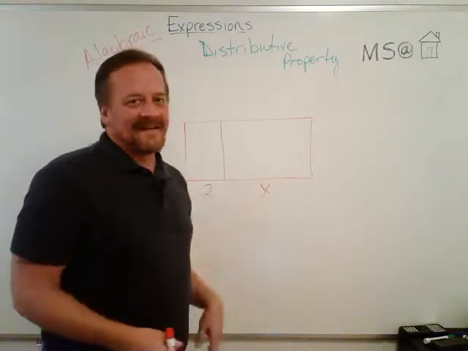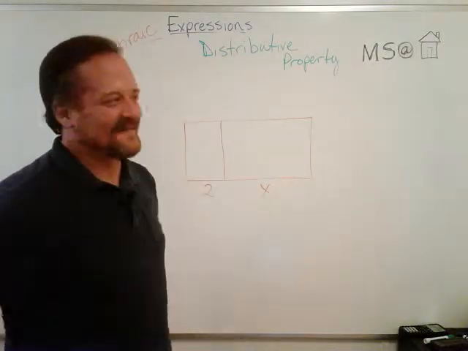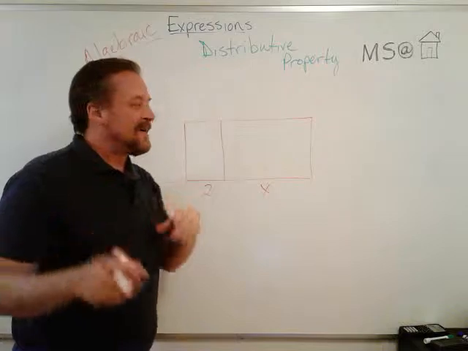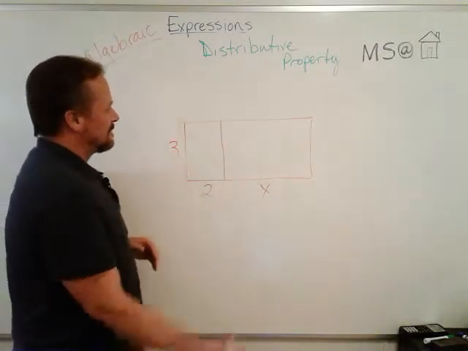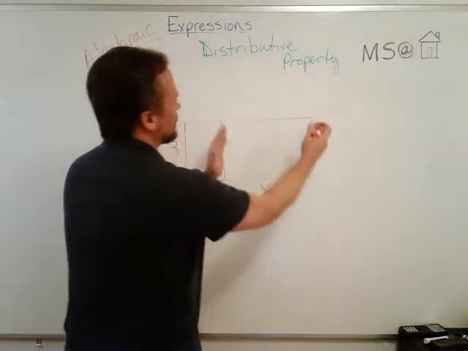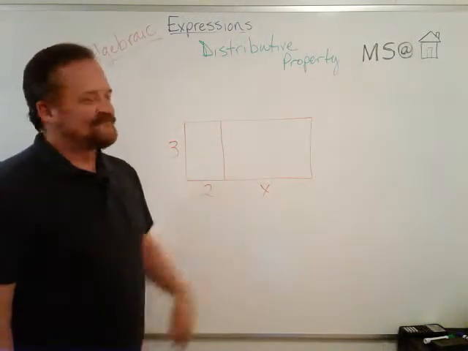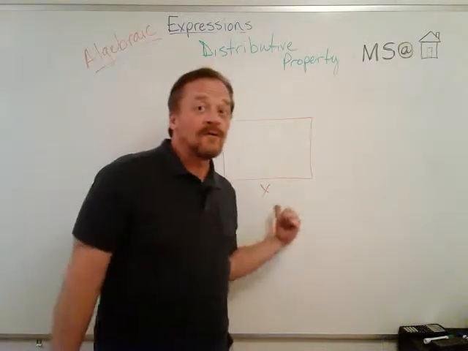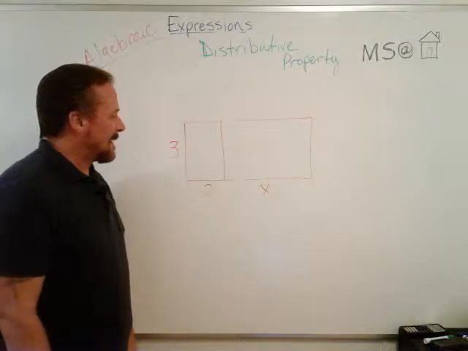And this one, I was like, I'm too lazy. Somebody else can measure it. But I also know that this dimension is 3 feet. Okay, so here are 2 rectangles that I measured, except for this one, because I don't want to. So we don't know the measurement of this one. We have no idea. Okay?